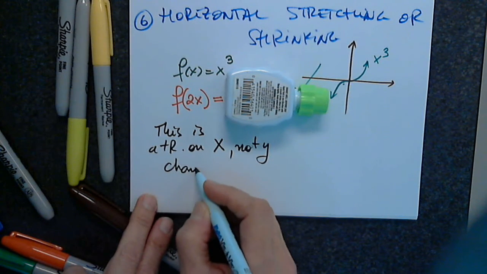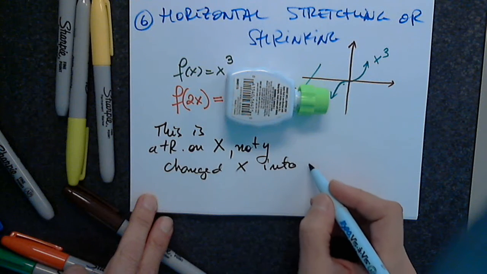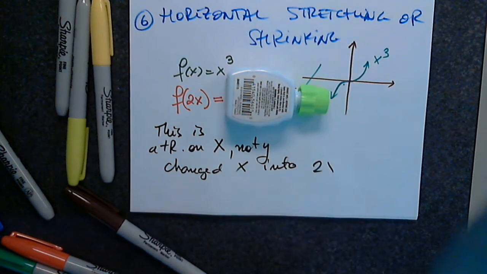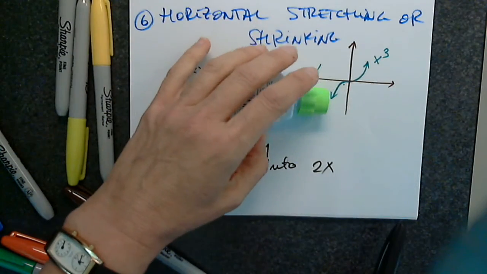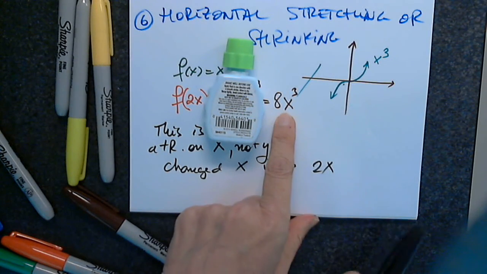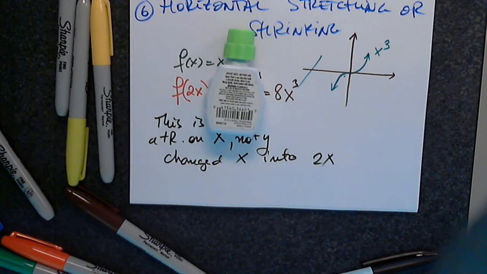We changed x into, very good, 2x. Okay. Now forget for a moment where this is coming from, and let's just look at this function. Because I would like us to draw a conclusion. I don't want to just give you the result. Here it is. Memorize it. I don't want to do that.